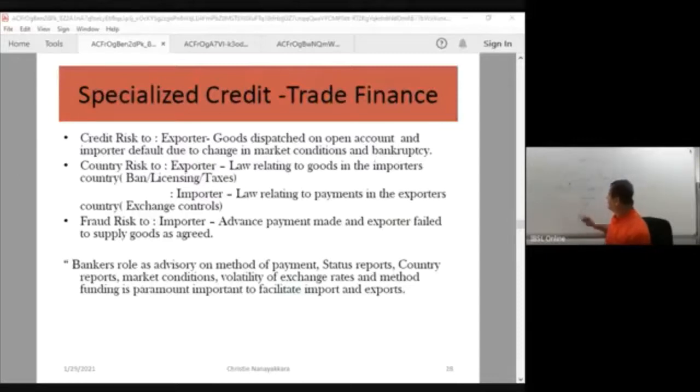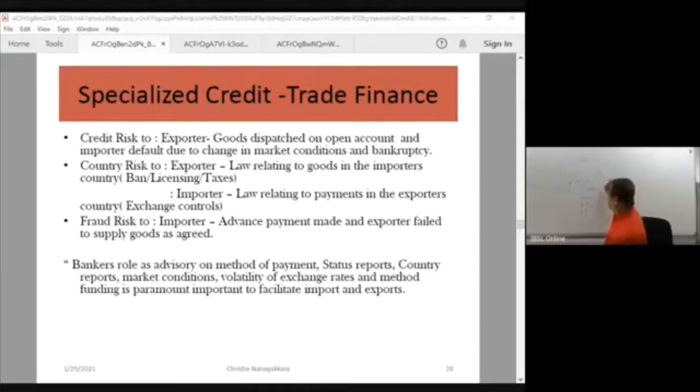Now, what are the credits involved here? We open an LC, we get commission. If we give him an import loan, a revolving import loan, we get interest. If it is an exporter, we can give packing credit, we get interest. We can give them a foreign bills purchase facility, which will charge commission.